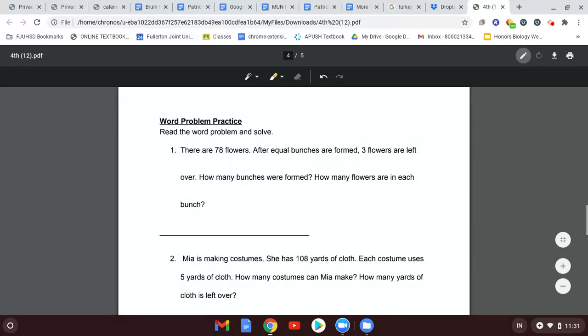So let's read this word problem. There are 78 flowers. After equal bunches are formed, 3 flowers are left over. How many bunches were formed? How many flowers are in each bunch? Okay, so there are 78 flowers. However, after equal bunches are formed, 3 flowers are left over. So 78 minus 3 is 75.